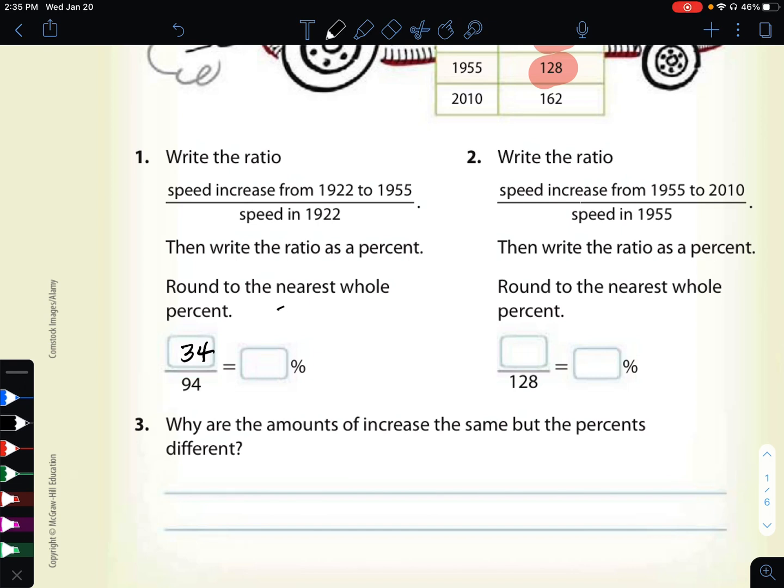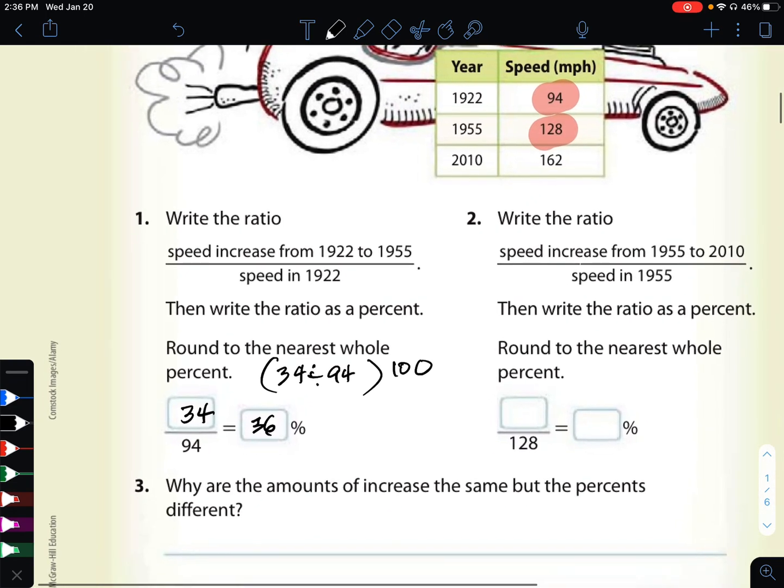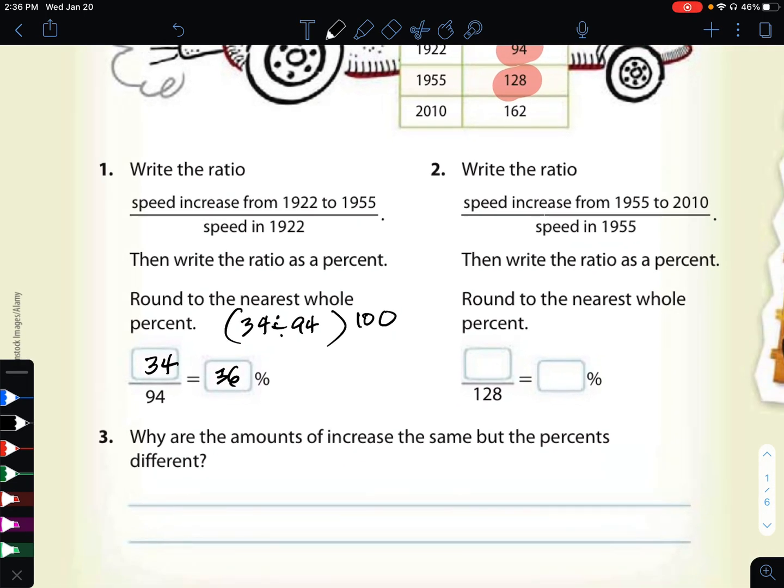This is how we got this: 34 divided by 94, and then we multiply that by 100, we get 36%. So the percent of change is 36% from 1922 to 1955.